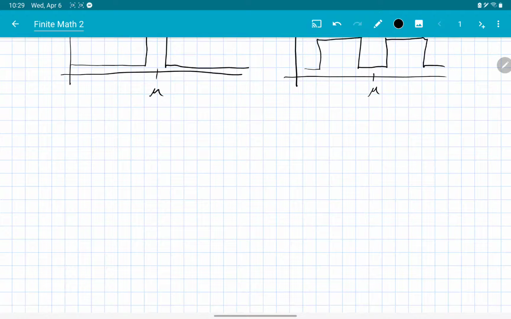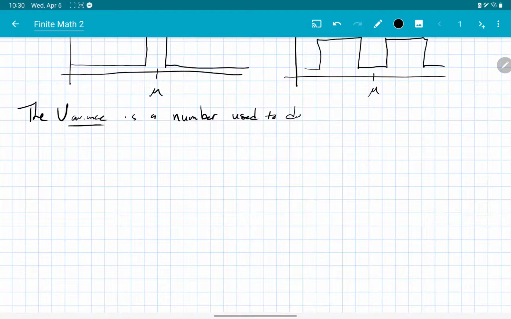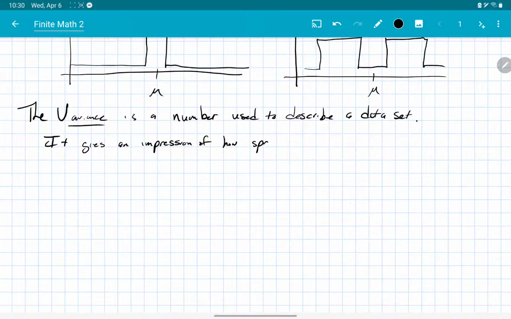Okay, the variance is a number used to describe a data set. It gives an impression of how spread out the data is.